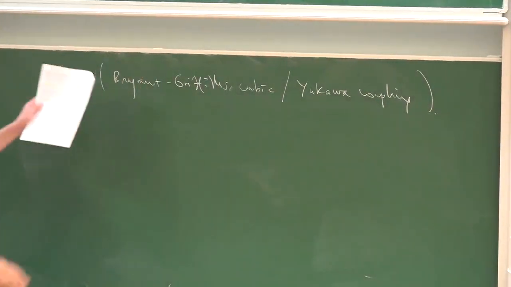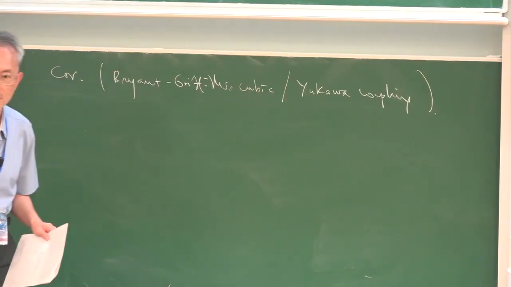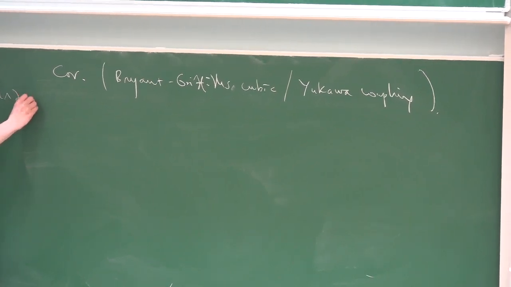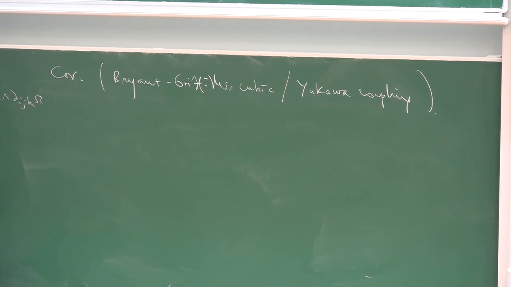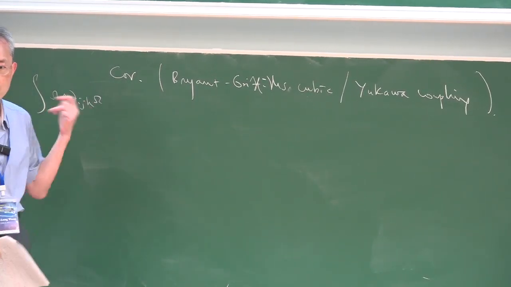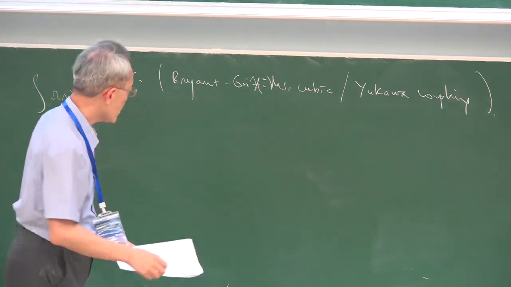All you have to do is just do differentiation on this and integrate it, following the usual definition. There are several definitions. Some definition is this: you take the third derivative, integrate with it again. And this is called the Yukawa coupling.